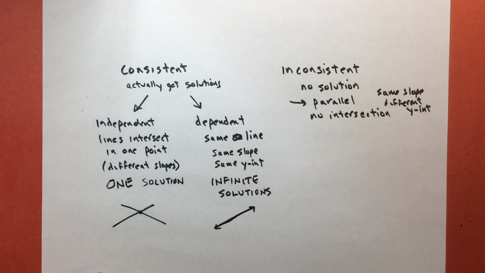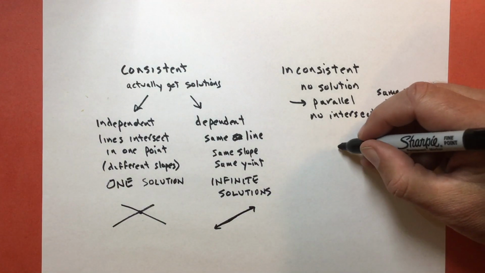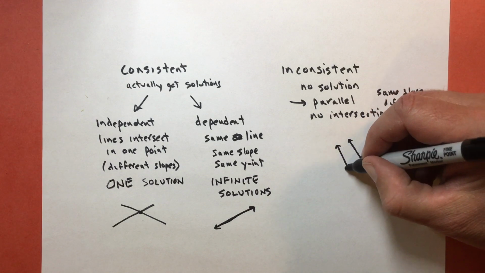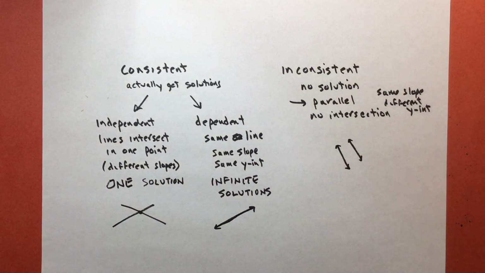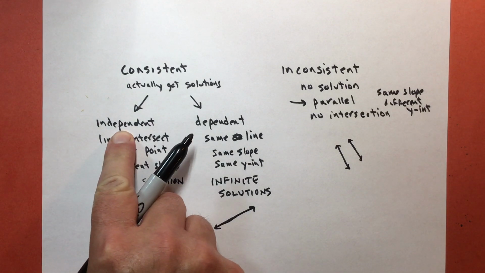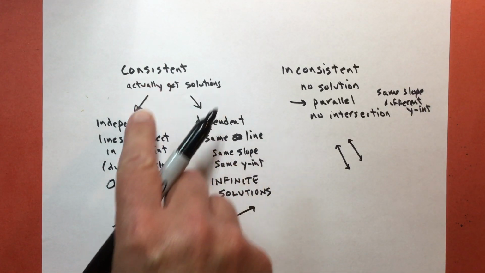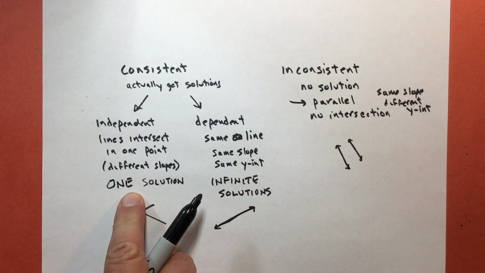Over here I would have parallel lines that would never intersect. And please feel free to, when you do this, type these into Desmos. You can do that for all of them actually. All the problems that we've done so far with solving by substitution and solving by elimination are consistent because they have a solution, and they're independent because you only get one solution.